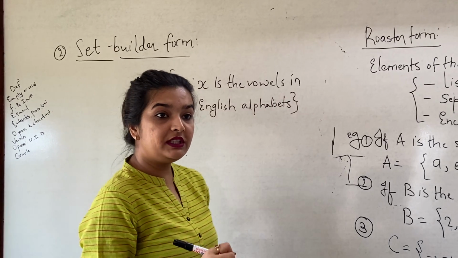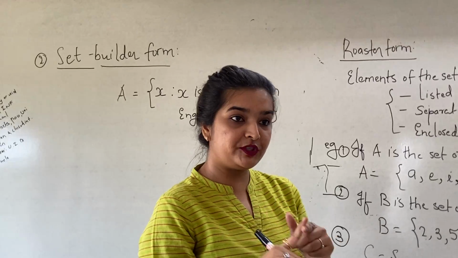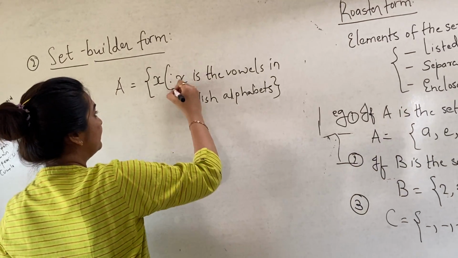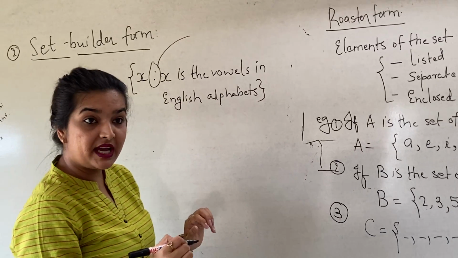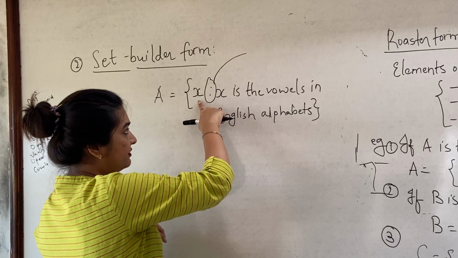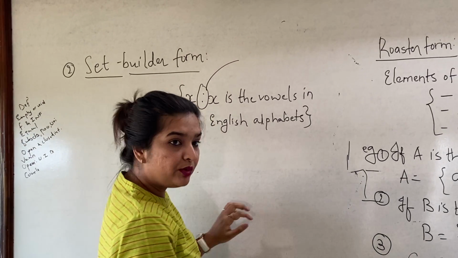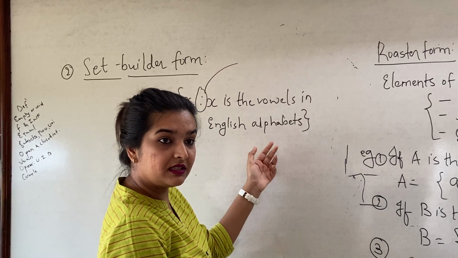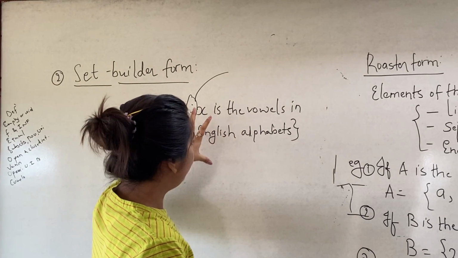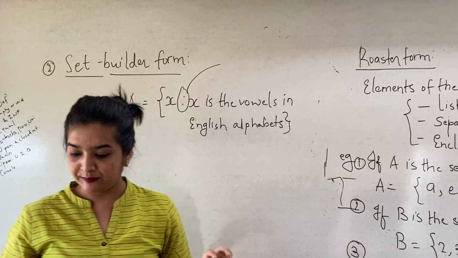Instead of writing all the elements, we will write by some special property, that is x. This you can read as such that x is the vowels in English alphabets. So instead of A, E, I, O, U, we will not list elements over here, but we will write in the form of set building.